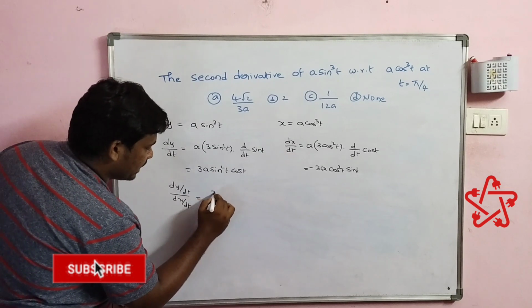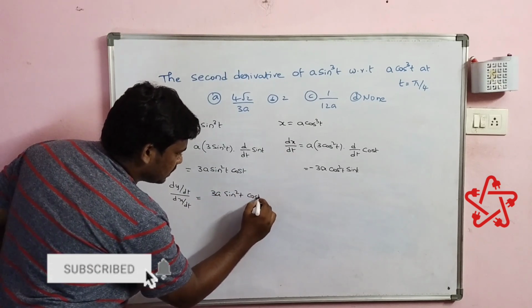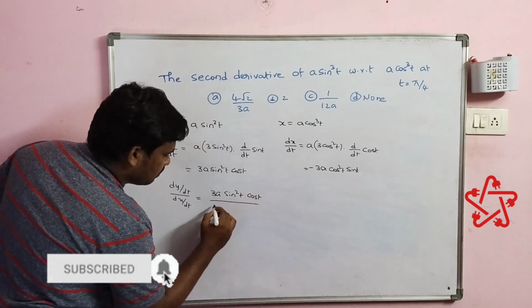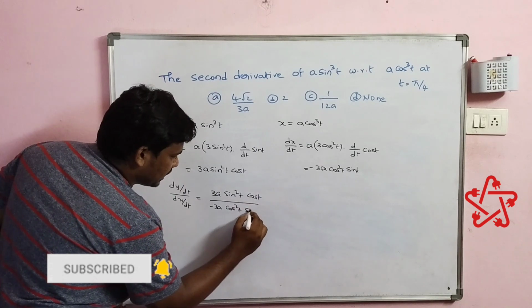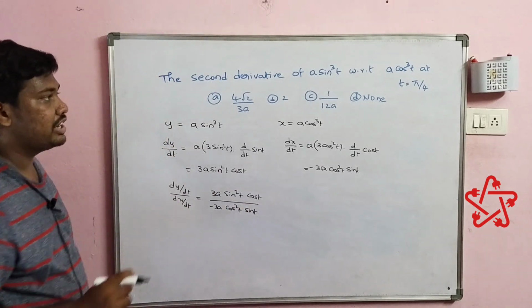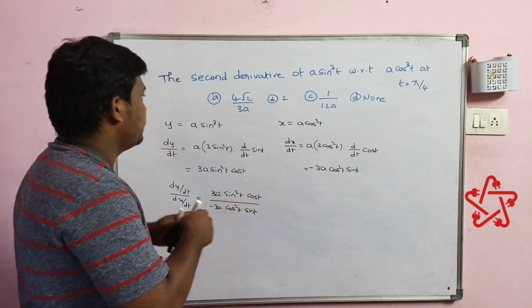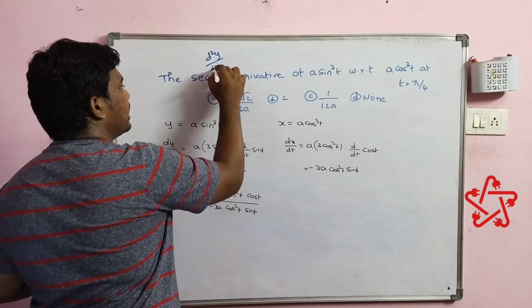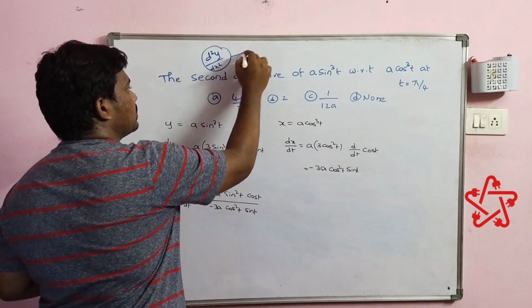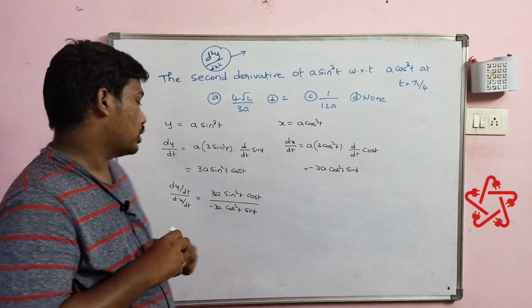If you divide, you will be getting 3a sine square t cos t divided by minus 3a cos square t sin t. Here he didn't mention anywhere, but we need to find it actually. This means the question is incomplete actually. This is what I am doing now.